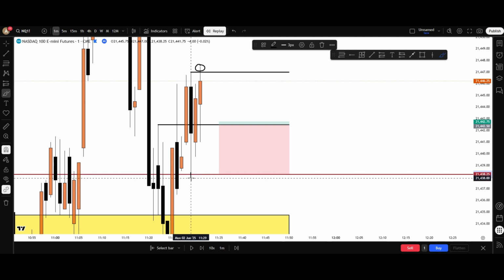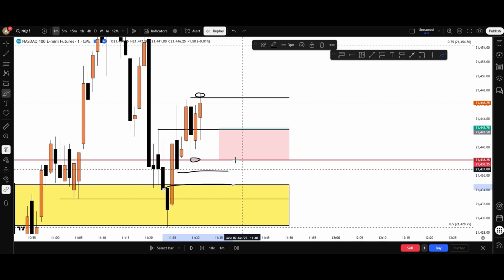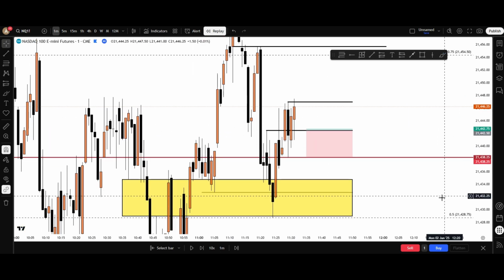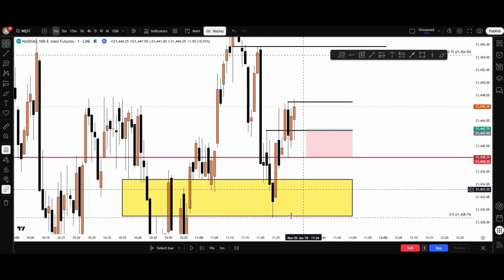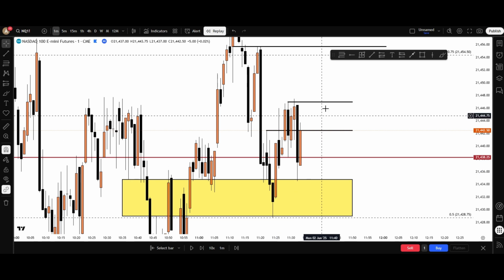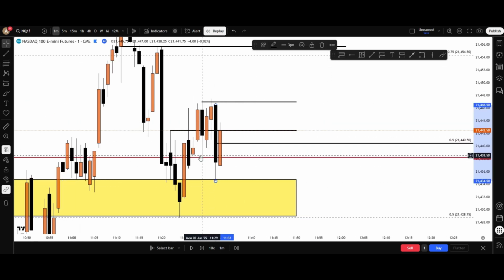If we're doing that and we're anticipating it as a sweep, then we should go below here, which brings us into this. So that's our idea. Cool. Literally goes exactly to that. Fails, goes to it, breaks below this low like it should.